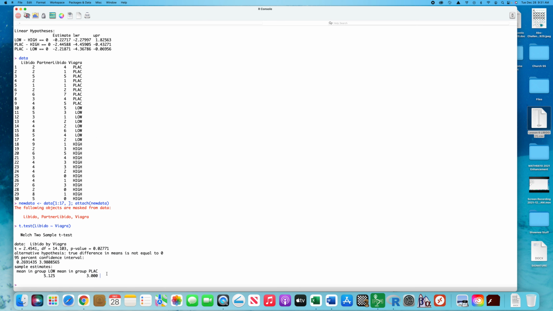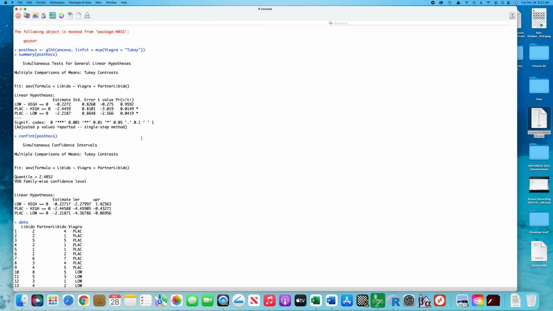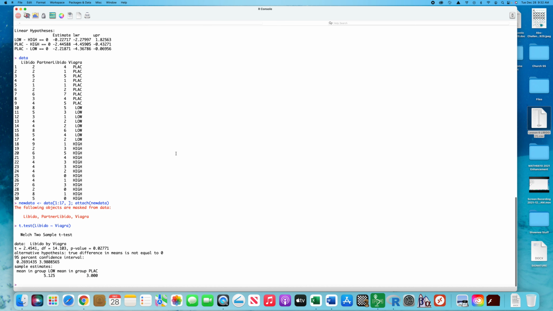And again, remember, our type 1 error rate is inflated, therefore our p-values are inherently low, so we have to correct for that using the Tukey process. All right, so I hope that makes sense. When we do post hoc analyses on ANOVA and ANCOVA repeated measures, which we'll do in an upcoming lesson, these post hocs control for that inflated family-wise type 1 error rate.